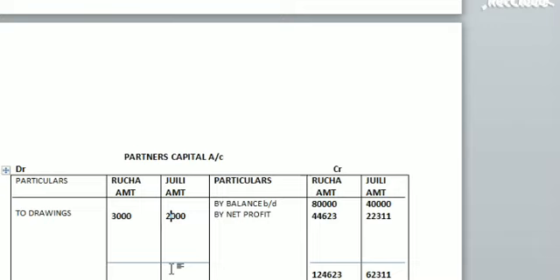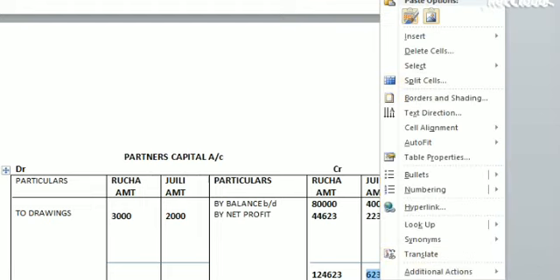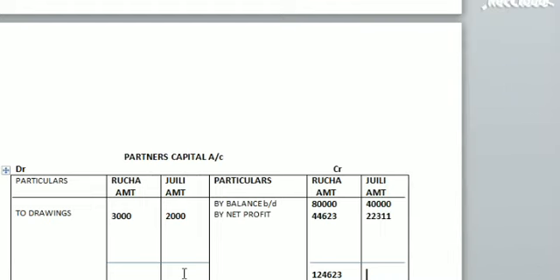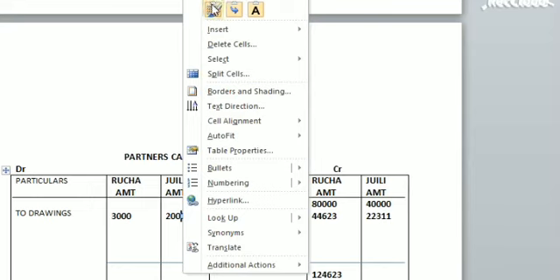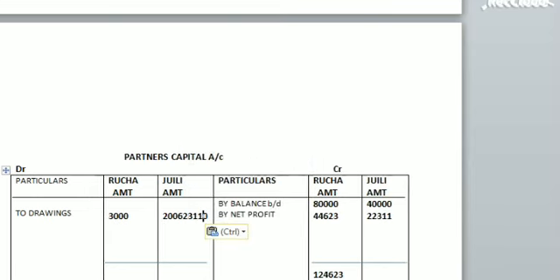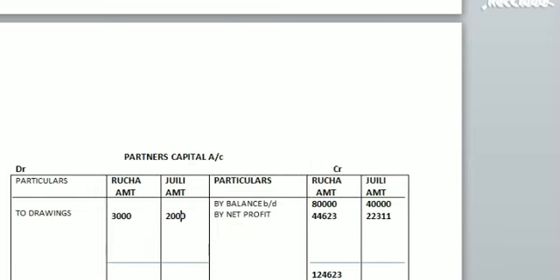Now we will bring this here. The same amount we are going to copy here. Same. Okay, we will write the amount, that is 62,311.